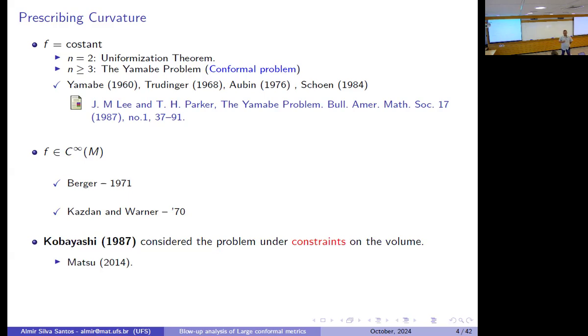He asked, given a function, if there is some metric with unit volume. It is interesting because the problem is not conformal, but his technique uses heavily tools from conformal geometry. It's a beautiful work, and he proved a lot of cases, and in 2014, Matsuo closed this problem.